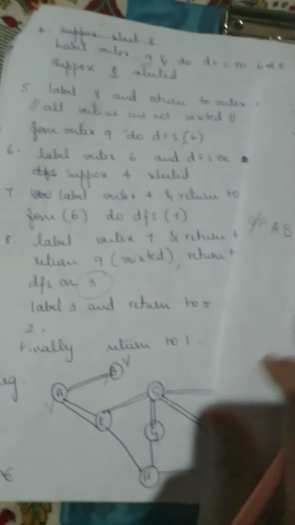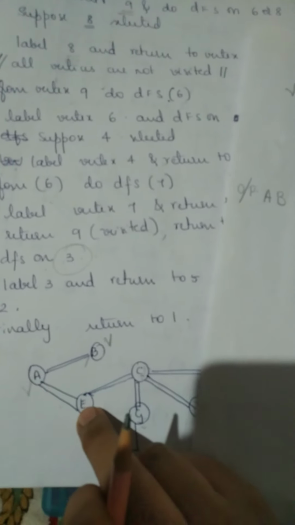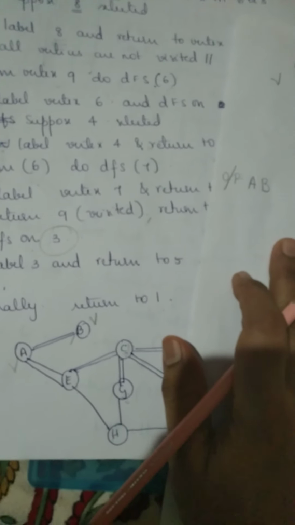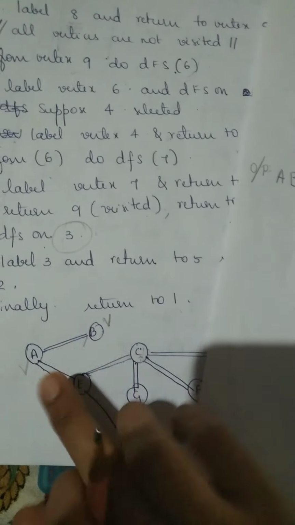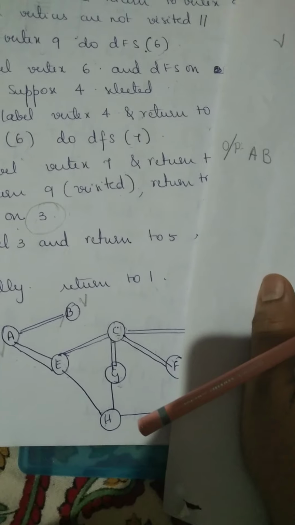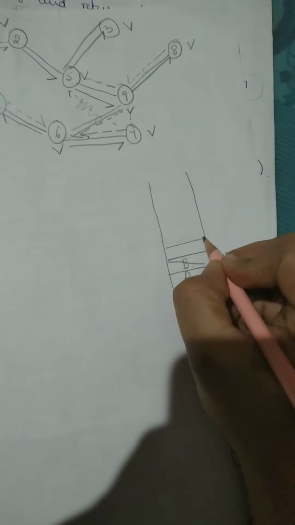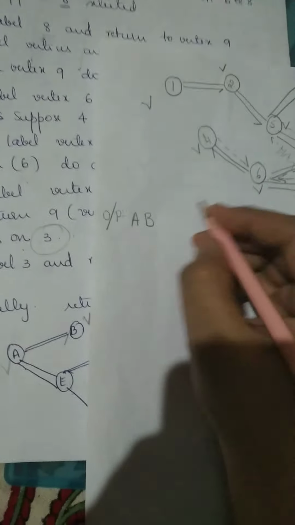That is A. So from A again I need to check whether there is any adjacent vertex. If it is there, just push it onto the stack. If it is not there, pop out. There is: E. I'll push E onto the stack.